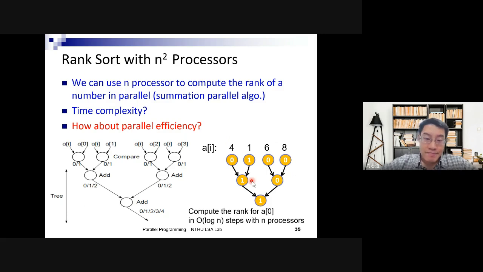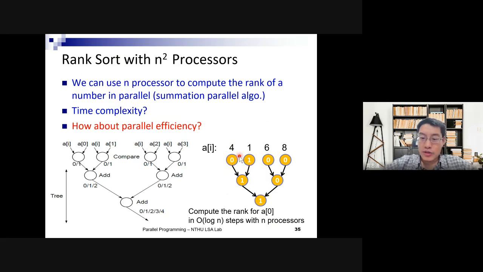And how you determine the rank in parallel, you can do it using a tree structure, right? So for example, right now we just try to determine the rank for maybe just the first element. And we have n processes, so we can use a tree to compute the sum: how many items are smaller than this given number.